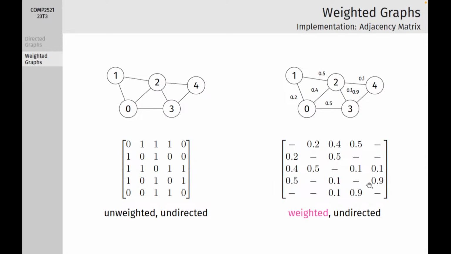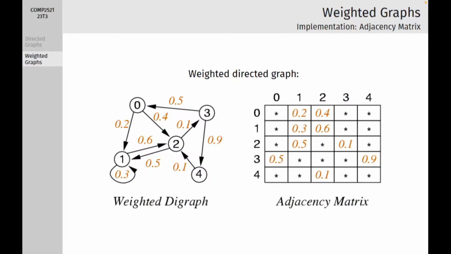For example, here you might choose 0 because you know that all the weights have to be positive. All right, so here is a weighted directed graph. Here notice that the matrix is not symmetric because it's a directed graph, and also each cell contains the weight of the edge.